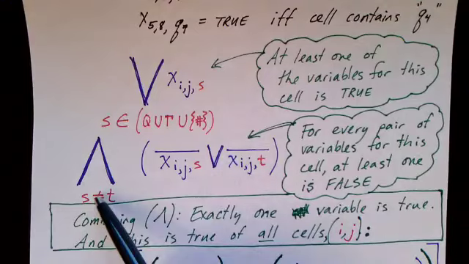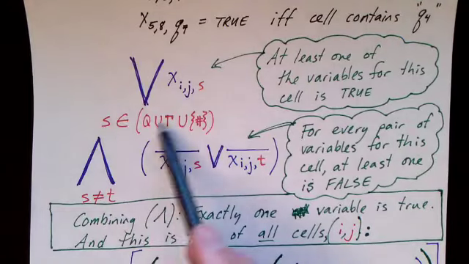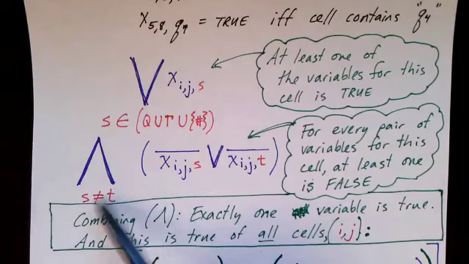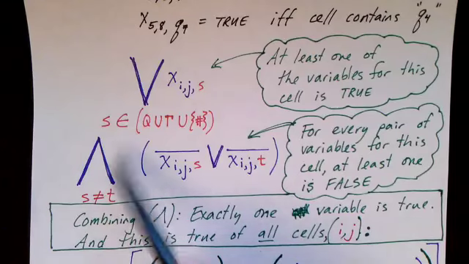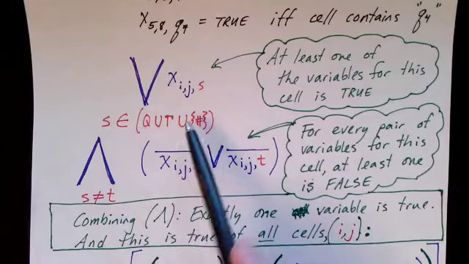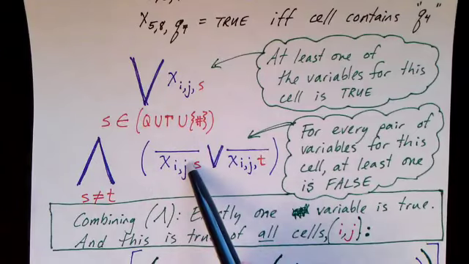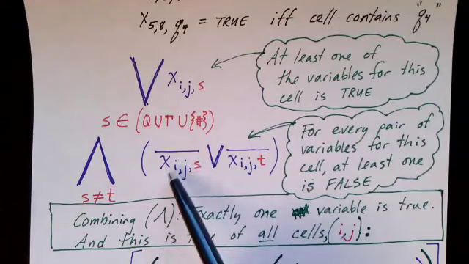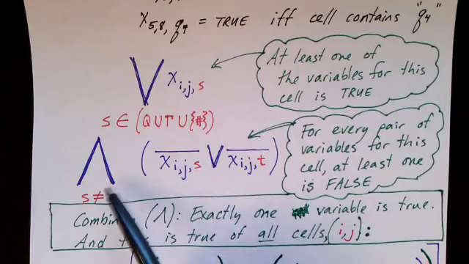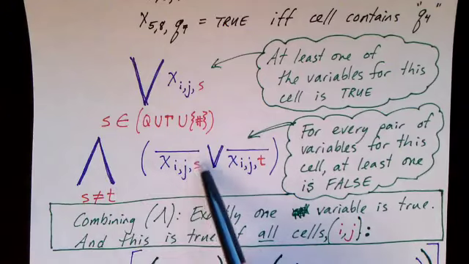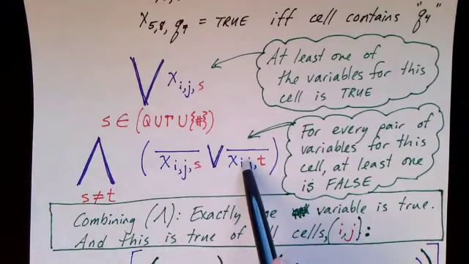So for every symbol S, and again S ranges over this set, I didn't write that down, and for every T that also ranges over this set, and for every S and T that are not equal, we add an additional constraint, conjoined together, that either one's false or the other's false.